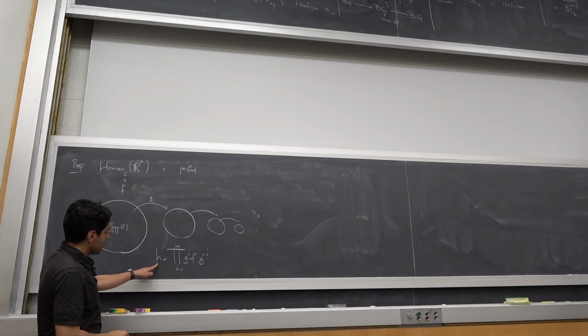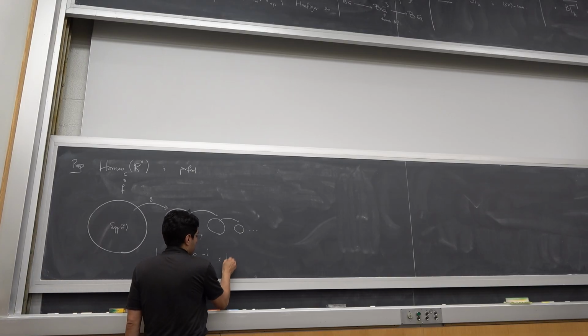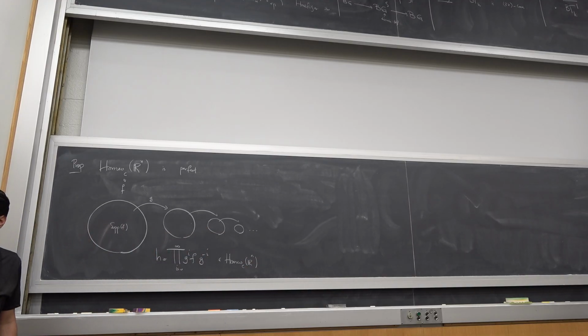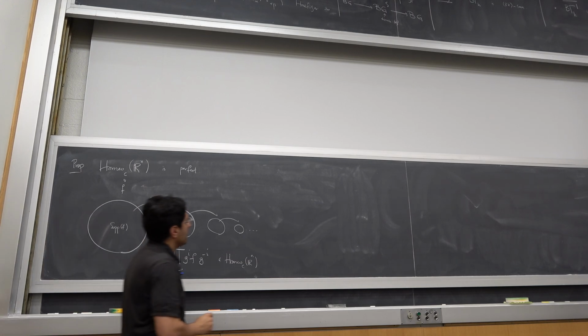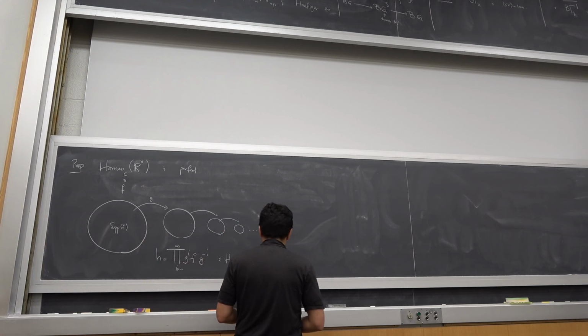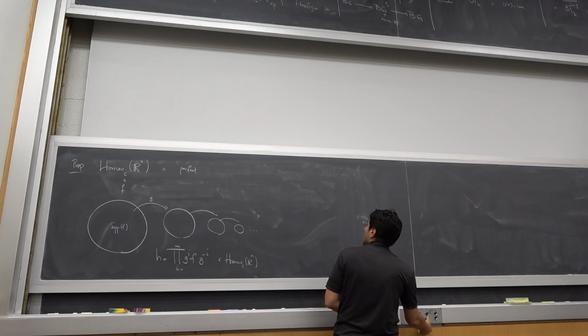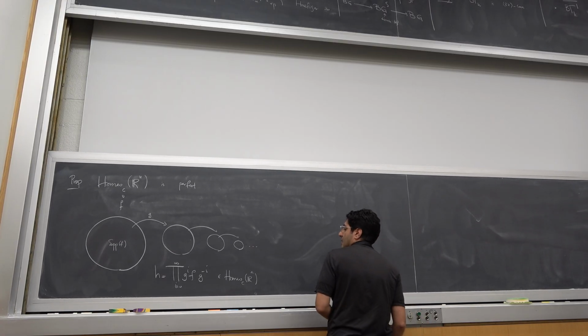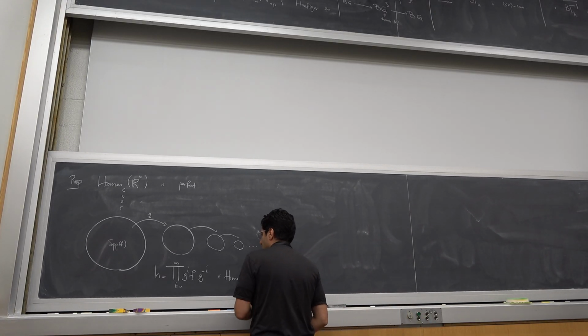So this element is going to be a compactly supported homeomorphism of Rn. Okay? And now you can write F as a commutator using G. So how?